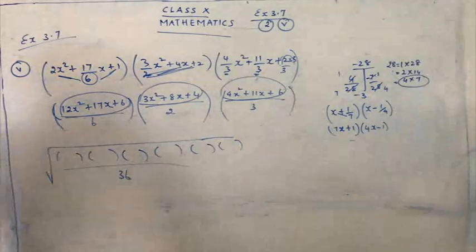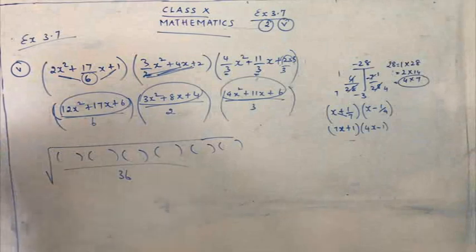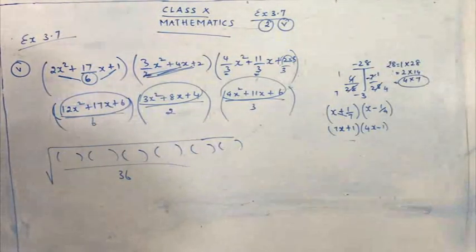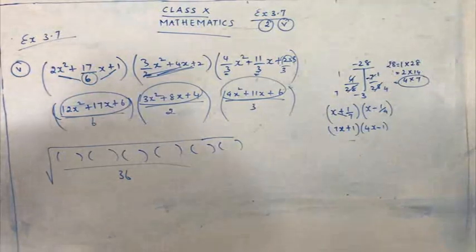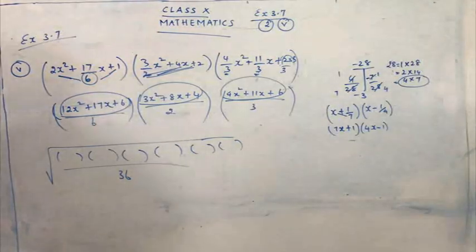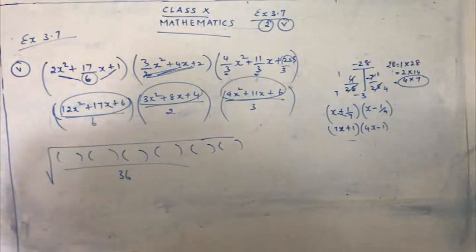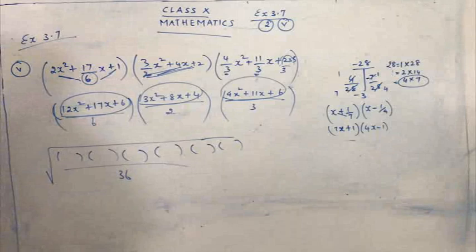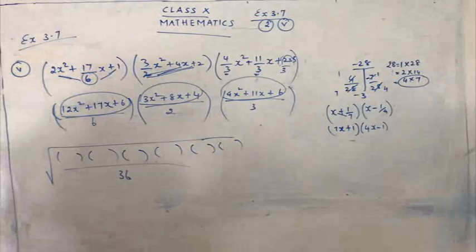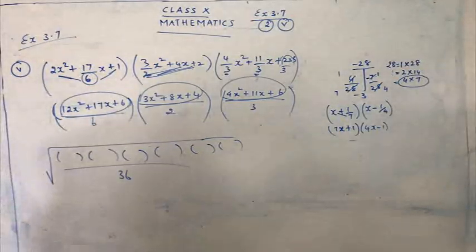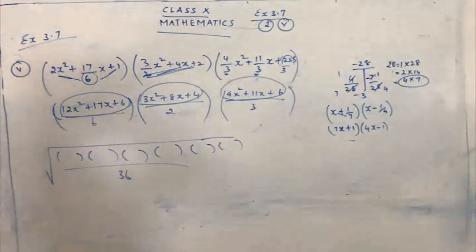Okay. So I have told you that this exercise deals with finding square root using the factorization method. So we have used the factorization method and we have found the square root. And now we are going to continue with our exercise 3.8. Exercise 3.8 deals with finding the square root using the division method.